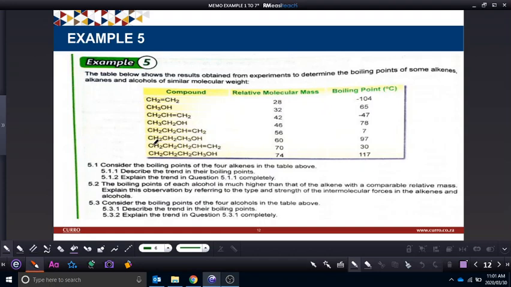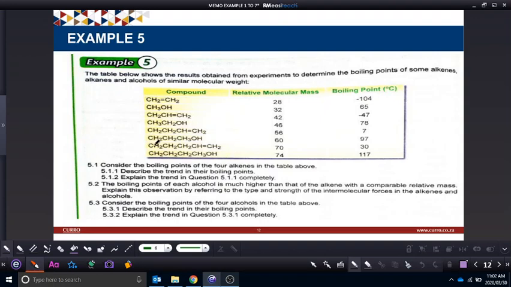So number 1, we need to identify the intermolecular forces, and in an alkene we have the same intermolecular forces. They are very weak intermolecular forces, induced dipole forces, or London forces. And then we will say as you increase the number of carbons in the chain, you increase the strength of the intermolecular force.